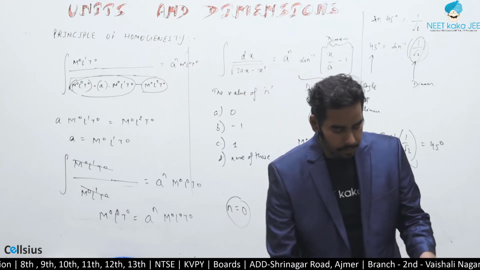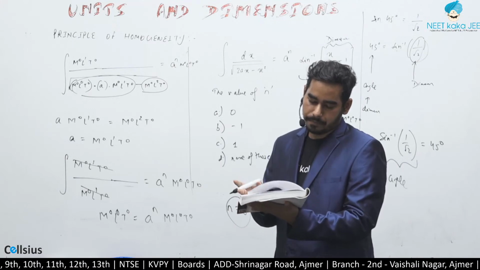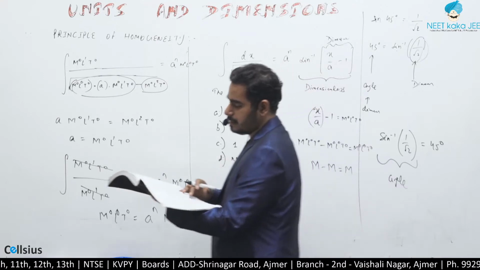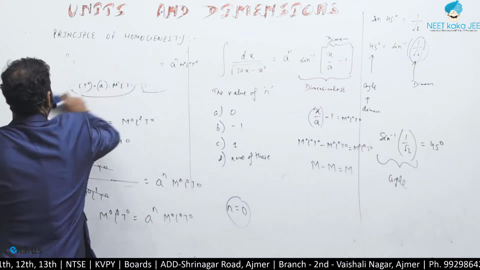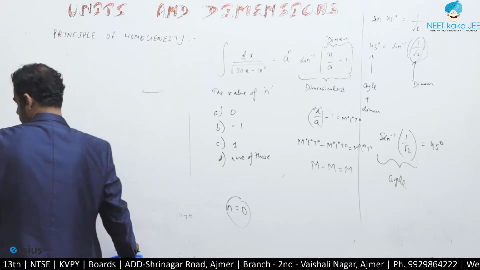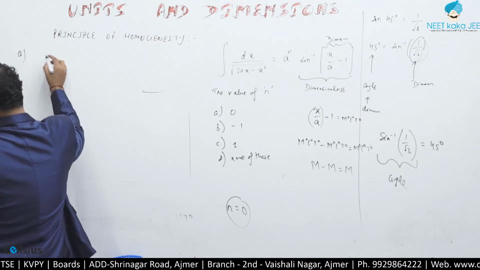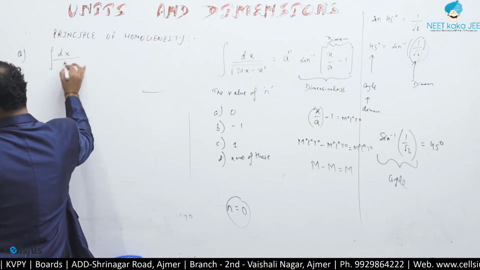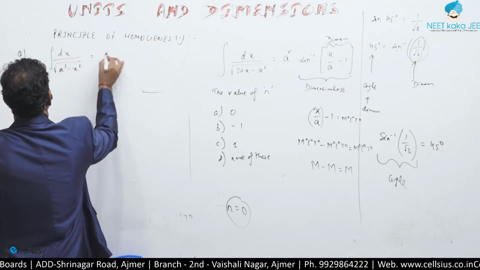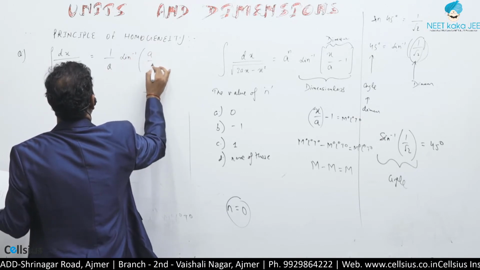Okay, now let me proceed to another question, again from this book only. So this question is in the exercise. This question states that integration of dx upon under root of a square minus x square is equal to 1 by a sine inverse of a by x.